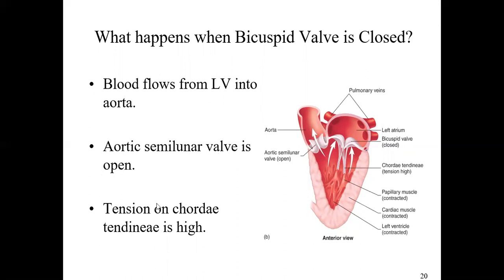Now the cords here, I didn't mention this on the last slide. You have some cords, some connective tissue, that connect this bicuspid valve to the bottom of the chamber, called chordae tendineae. The tension here is high whenever this contracts, because it's basically suspending these valves, keeping them from opening back up or going too far.